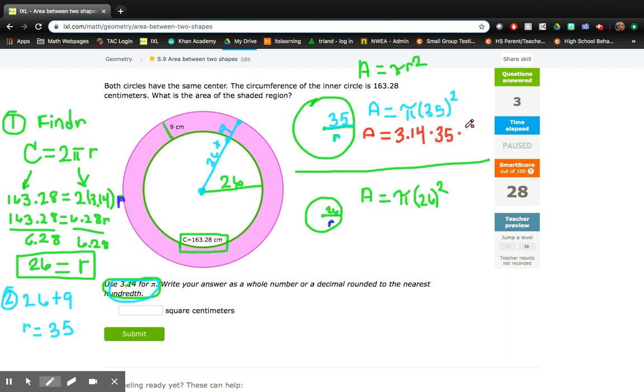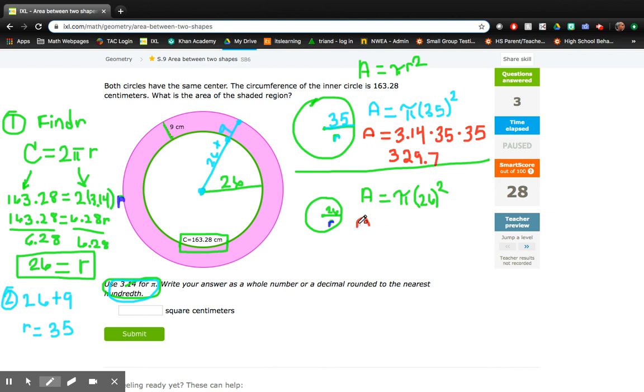That's what to square something means, to multiply it by itself. So 3.14 times 35 times 35. And my area that I'm getting for the bigger circle is 329.7.